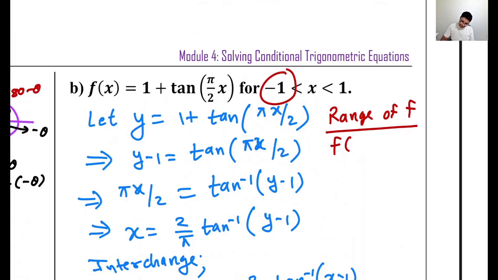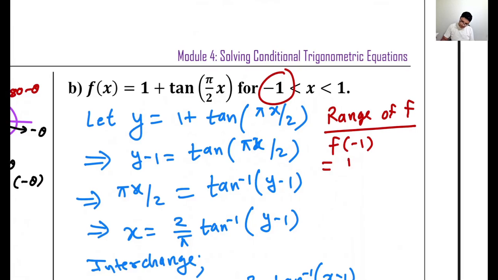So f of minus 1 will be 1 plus tan of minus pi over 2. Now this is going to infinity, right? Tan pi over 2 is infinity.